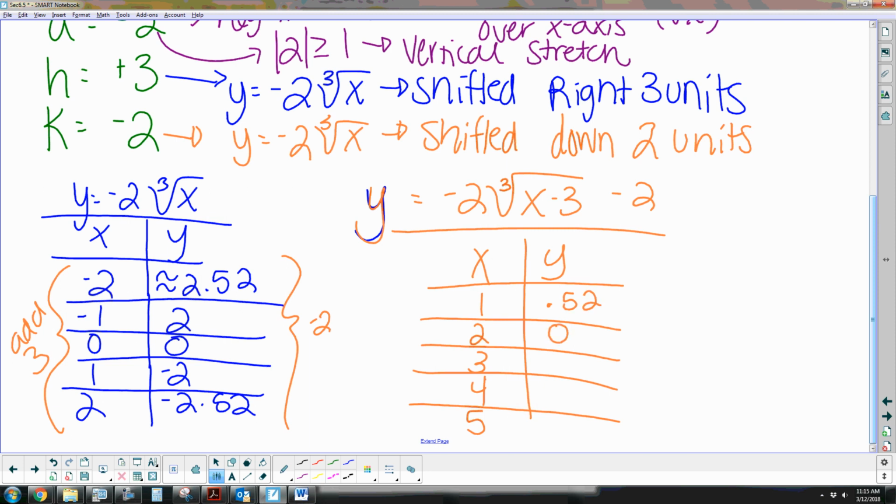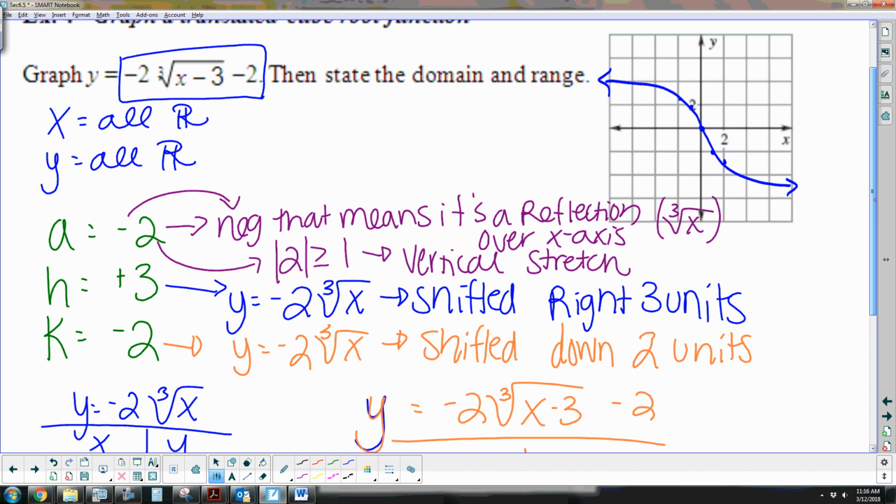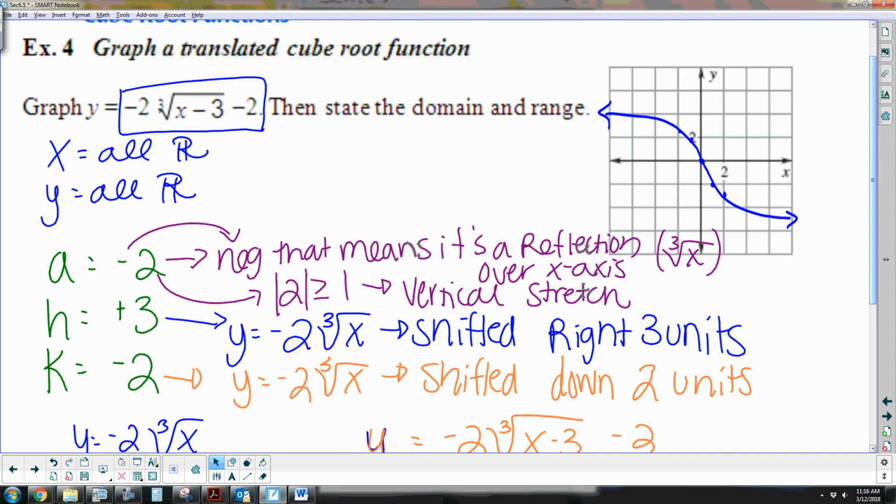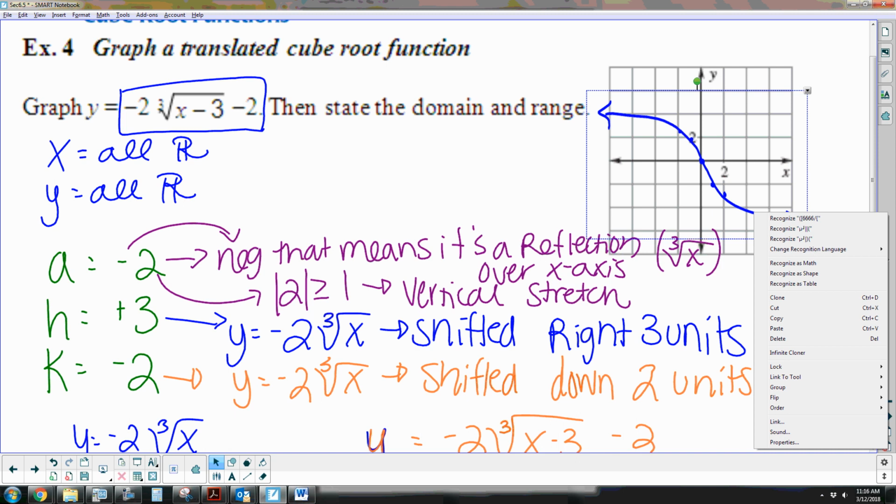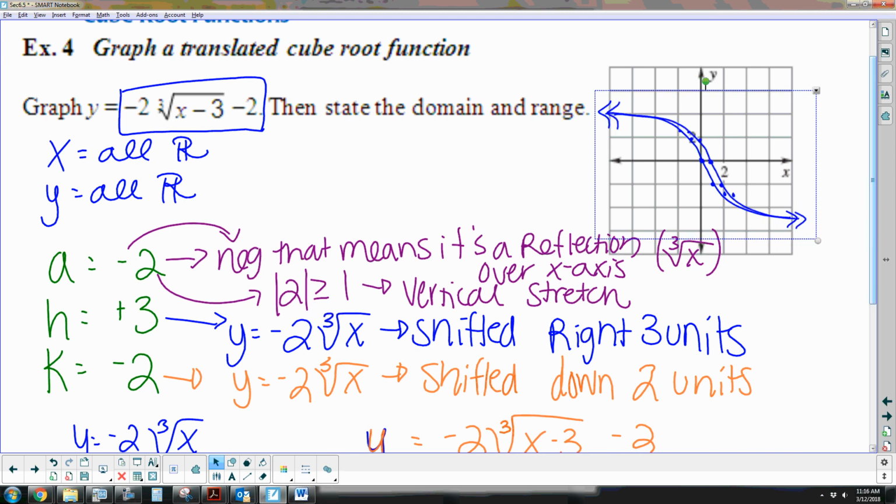So we're subtracting 2 from each of these y coordinates. And then you can graph those points on your graph. So that is this graph, and I'm going to the right 3 units, and I'm going down 2 units.